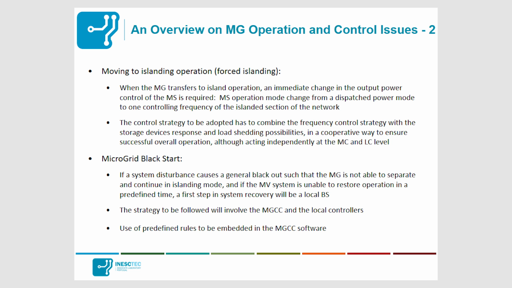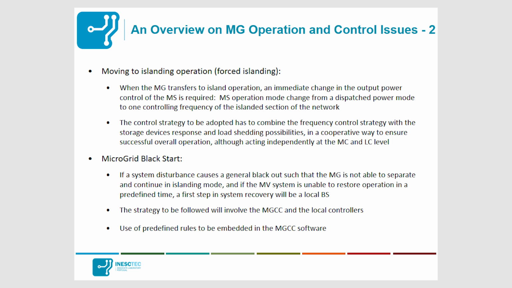And so we have to adopt control strategies that combine frequency control solutions, mainly related with the control of the storage devices, and also in some cases we also consider the possibility of having load shedding.